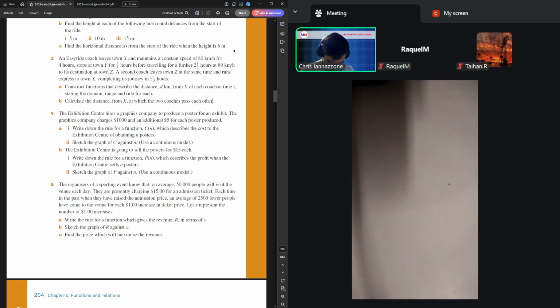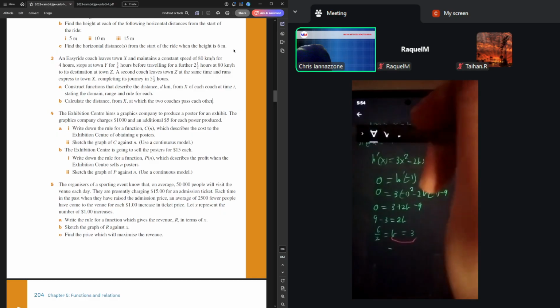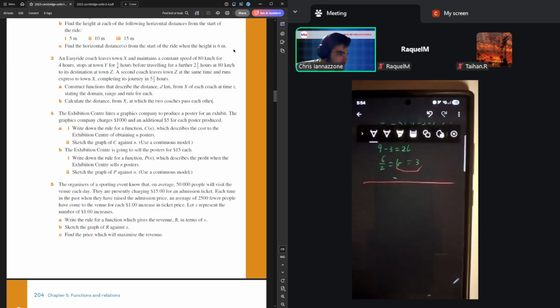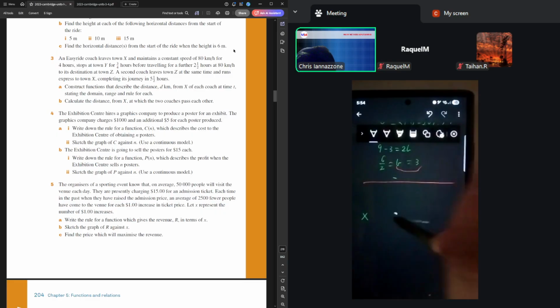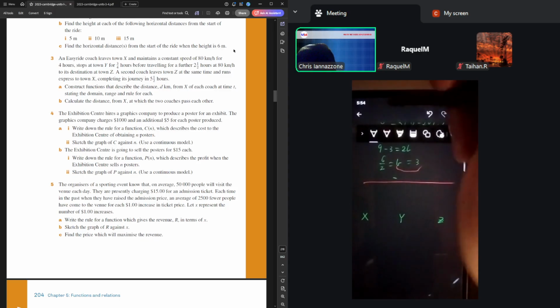So with these ones, by far the best idea is to get a picture going of what's actually happening. Trying to get some diagram. So far, I'm aware we have 3 towns. We've got town X, town Y, town Z. For the first duration, it is 80 kilometers an hour for 4 hours.